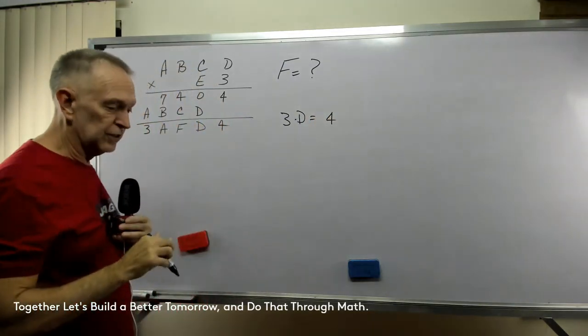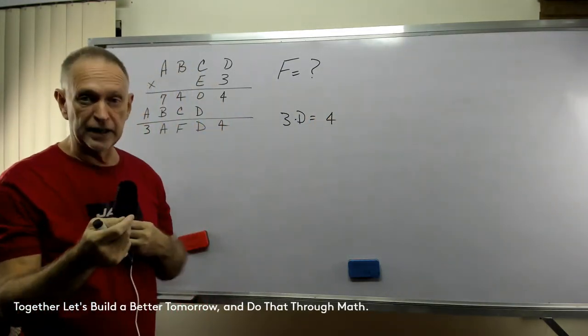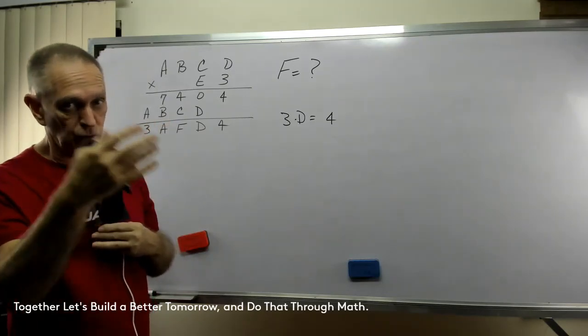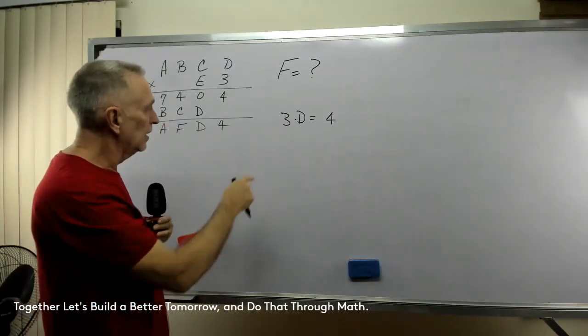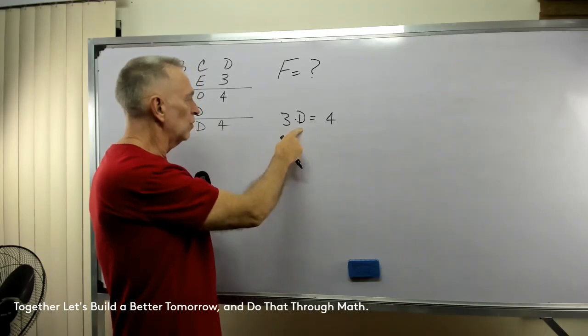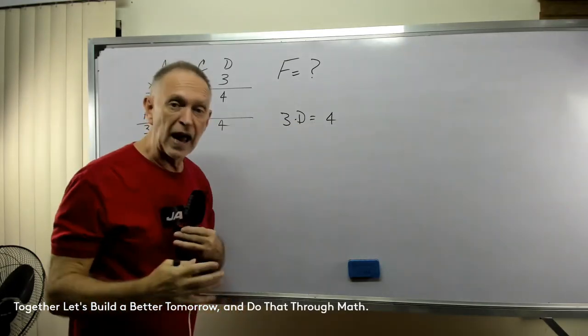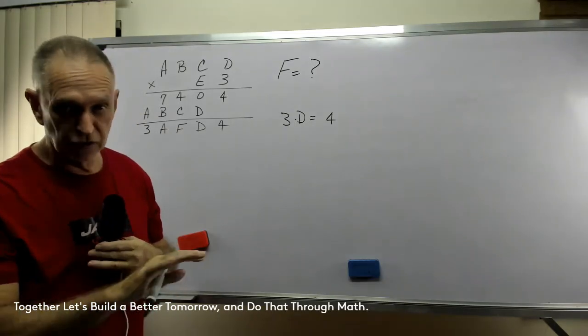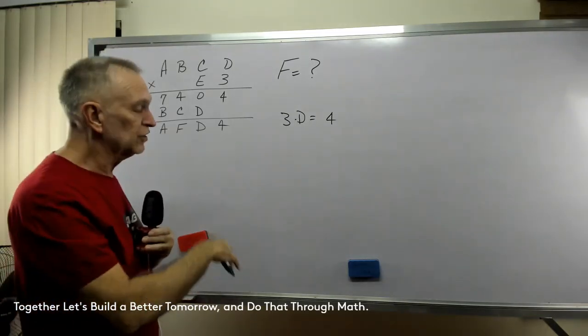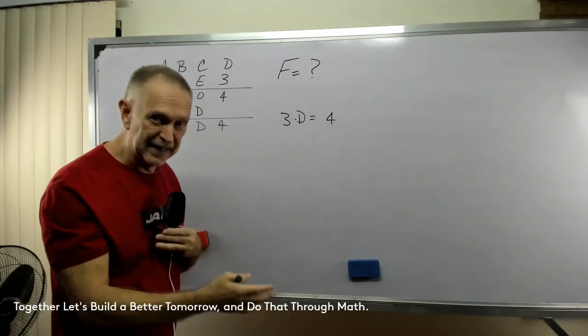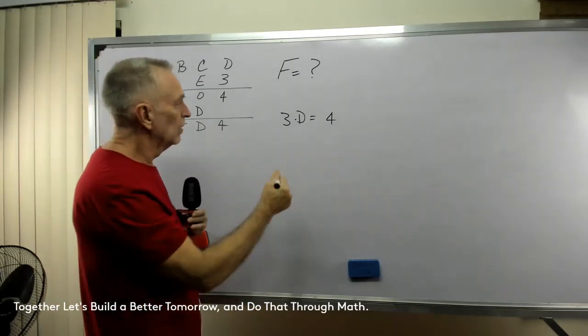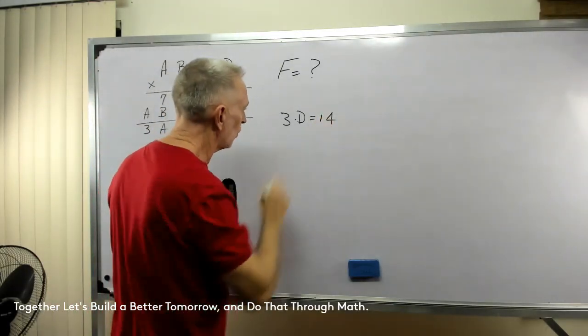Now, since these are integers or counting numbers, 1, 2, 3, 4, 5, 6, 7, 8, what number can we multiply times 3 to give me 4? It would have to be a fraction, so we know it's greater than 10. What if I said that's 14?